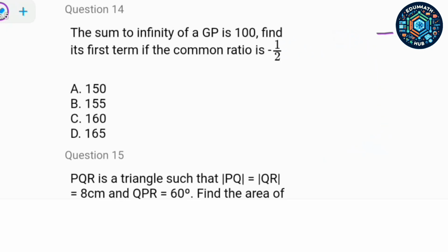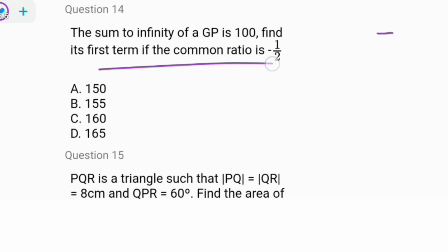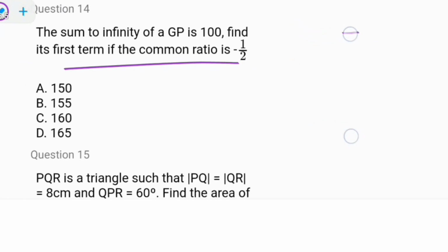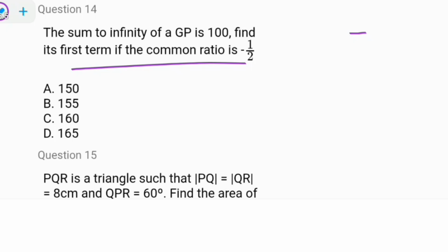The next one is: the sum to infinity of a GP is 100. You have to find the first term if the common ratio is minus half. So you need to first of all know the formula for the sum of a GP. That is S infinity is equals to A divided by 1 minus R. Bearing that in mind, you can see the sum to infinity in the question is 100.